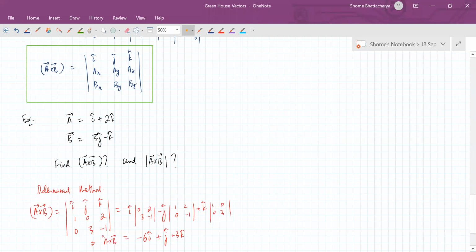firstly, okay. And then magnitude of A cross B will just become square root of 46. That becomes our answer. Okay. So mod A cross B is this, but A cross B in proper vector form, in unit vector form, is this.